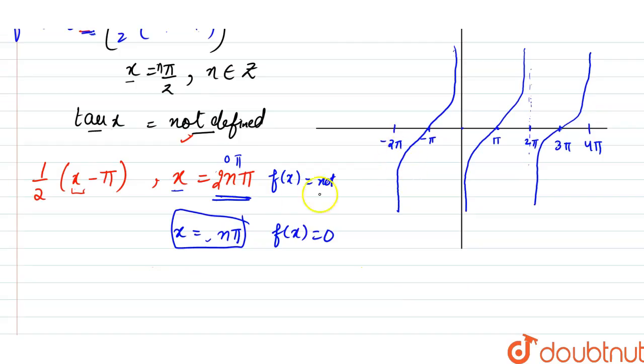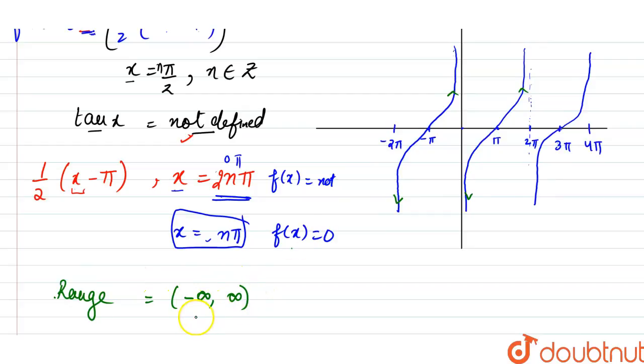So we can see here that the range set for f of x is minus infinity to plus infinity, because this graph is going beyond this. It is going to minus infinity in the downward direction and towards plus infinity in the upward direction.